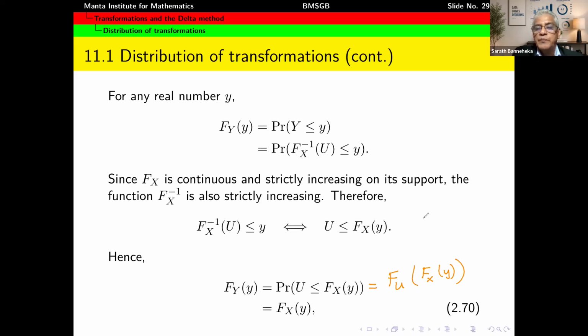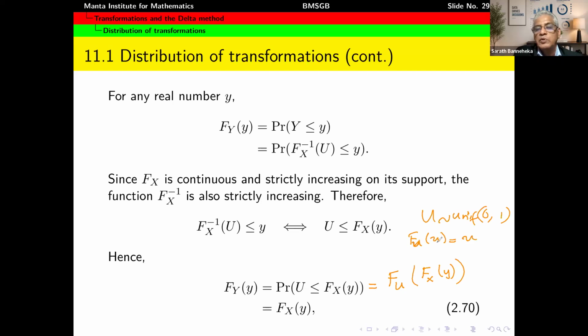But because U has a uniform (0, 1) distribution, F_U at some value u is equal to u.